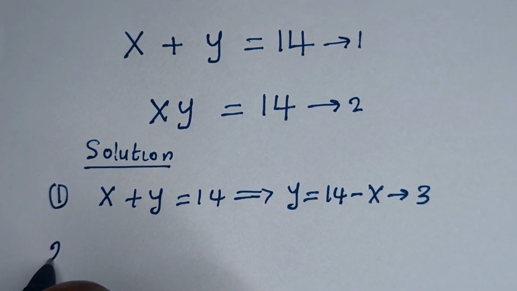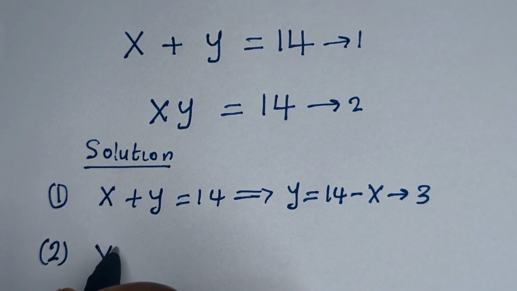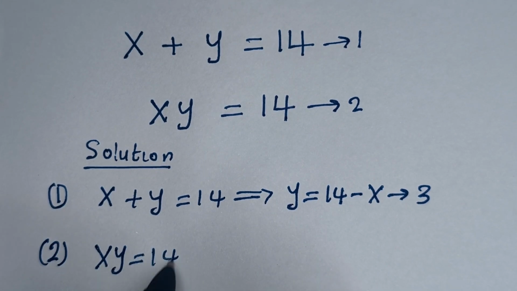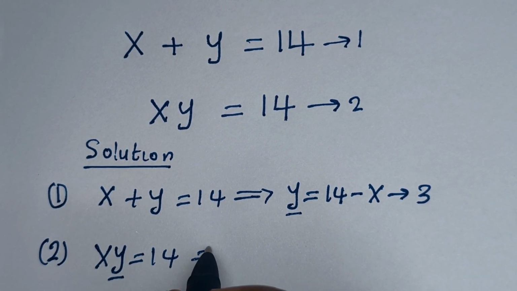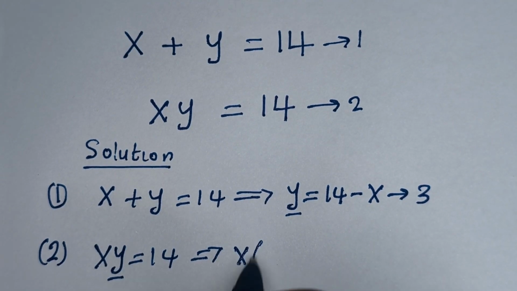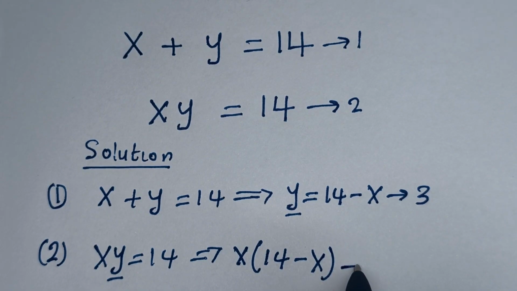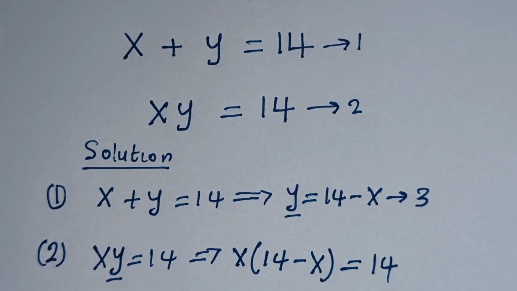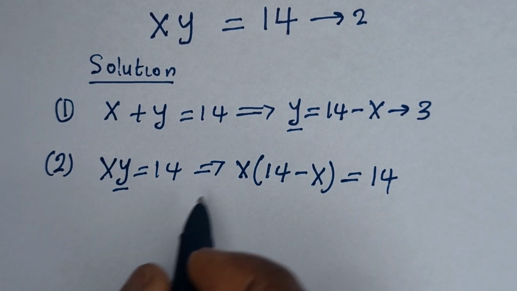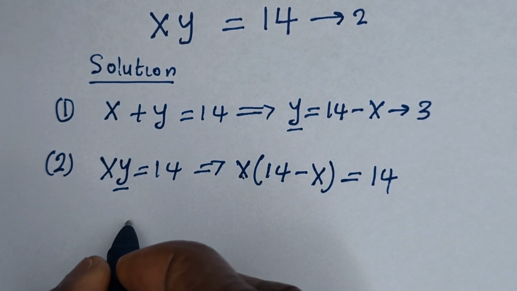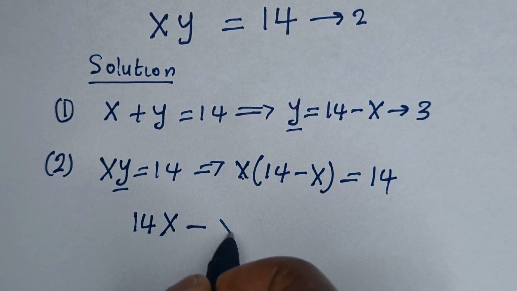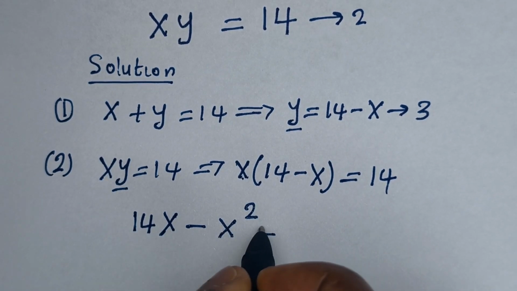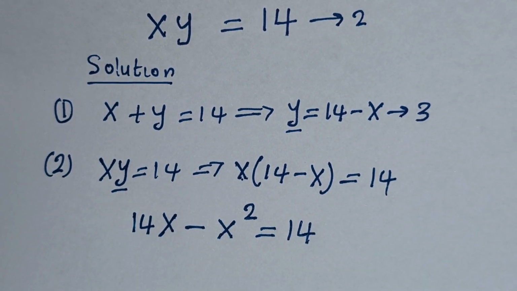From equation 2, xy is equal to 14. Let us substitute for y here. This is x bracket 14 minus x bracket is equal to 14. Then let's open the bracket. x multiplied by 14, this is 14x, minus x multiplied by x, x squared, is equal to 14.